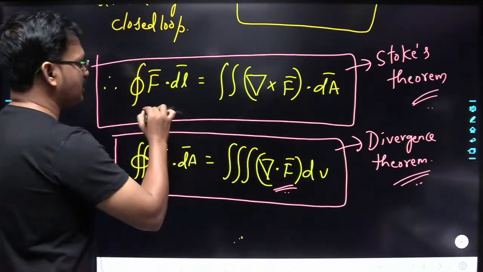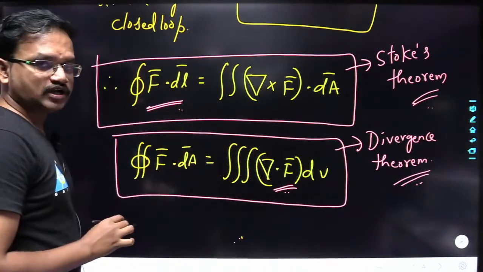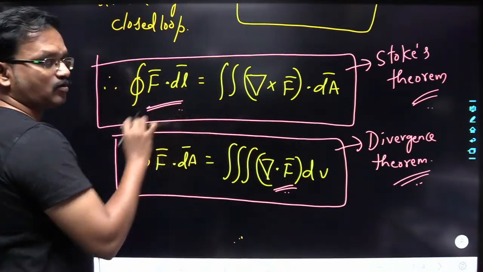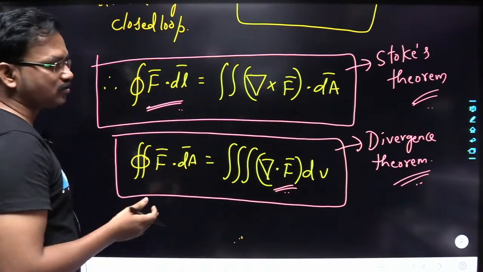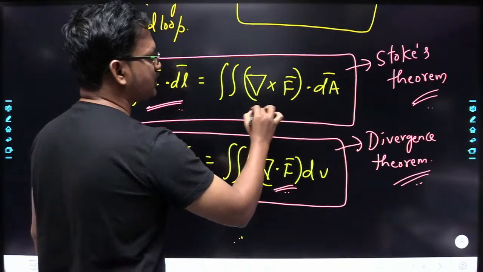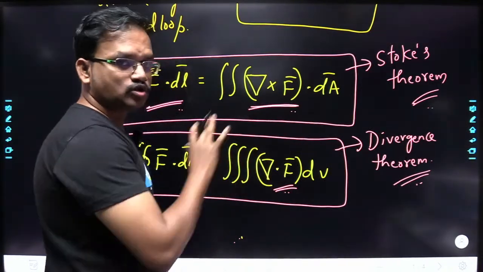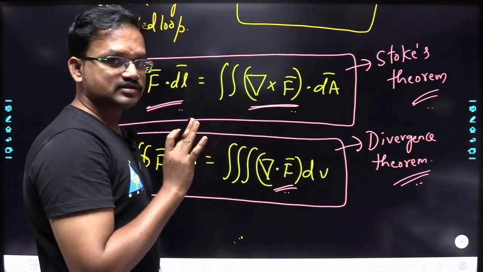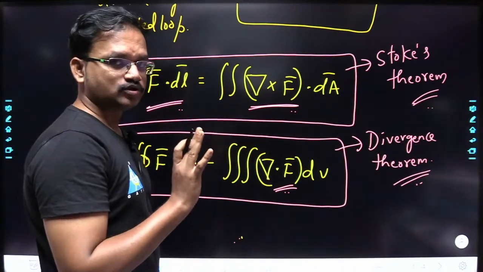In the same manner, if you want to determine the circulation of the vector field around any closed loop, then what you have to do is add up the curls at each and every point throughout the surface.